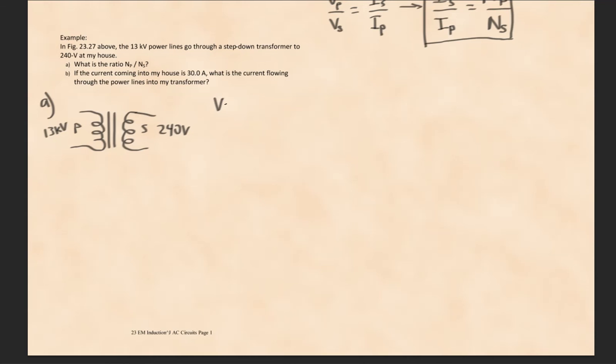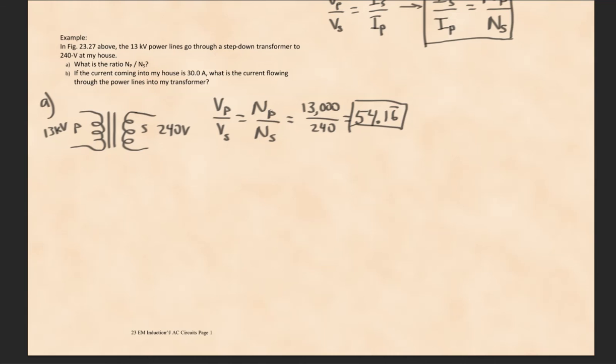The equation that relates these is the ratio of the primary voltage to the secondary voltage is equal to the ratio of the primary number of turns to the secondary number of turns. So just plugging in the voltages, the primary voltage is 13,000 volts, the secondary voltage is 240 volts, and that gives me a ratio of 54.16.